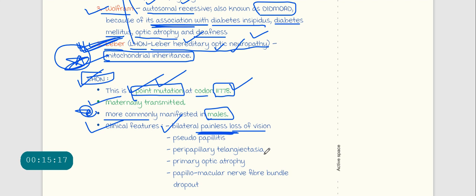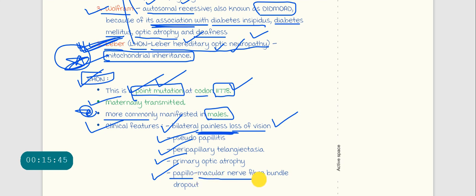Another is pseudopapillitis, important. Then comes peripapillary telangiectasis, primary optic atrophy, and papillomacular nerve fiber bundle dropout. You can see these papillomacular nerve fiber bundles are dropping out.